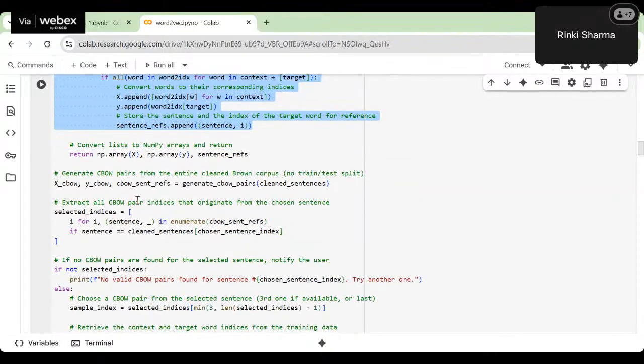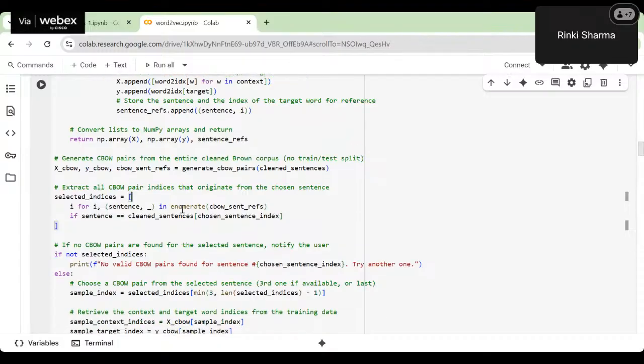Now we will generate the context and target pair for every sentence in our pre-processed data set. Here in this command, we have generated the context and target pair for the CBOW model for the entire data set. Now, how does this context and target pair look like?